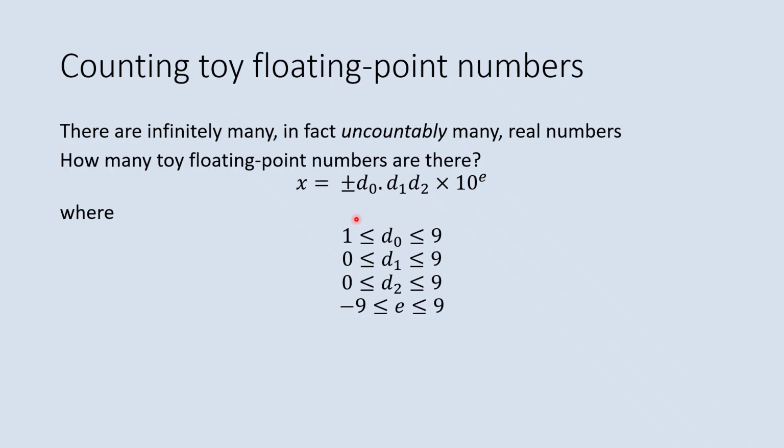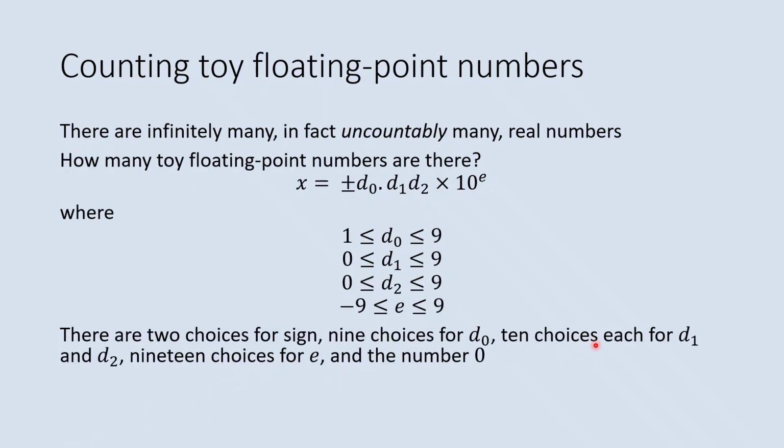So again, looking at the definition of the pieces, there is a plus or minus at the beginning, so there are two options there. For the D0 value, there are 9 different values it can take on, 1 to 9. For each of D1 and D2, there are 10 values, 0 through 9. And for the E, there are 19 values, because we can go from -9 all the way up to 9.